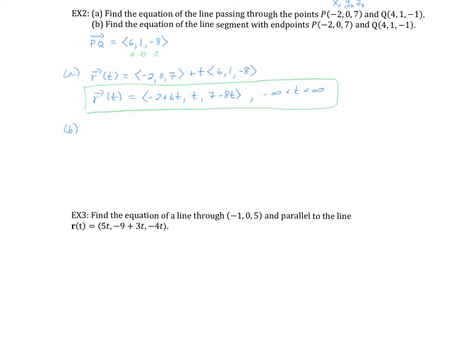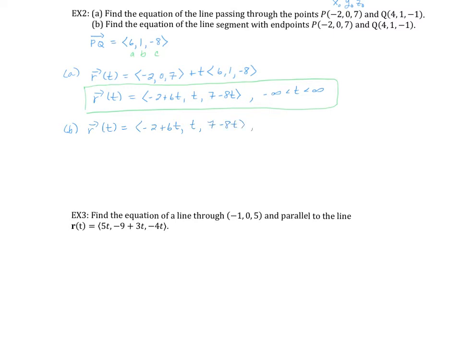Well, notice if t is 0 in my equation, I get -2, 0, 7, right? So I know that my t values are going to start from 0. My equation's going to be exactly the same. All I'm doing right now is just adjusting my t values so that this is a line segment, not the complete line.